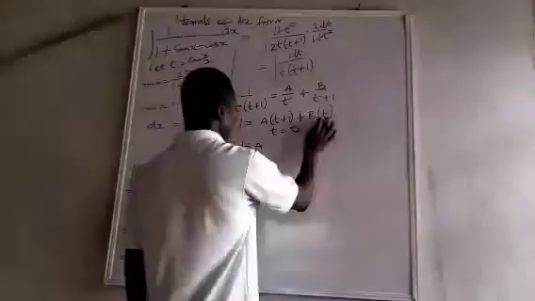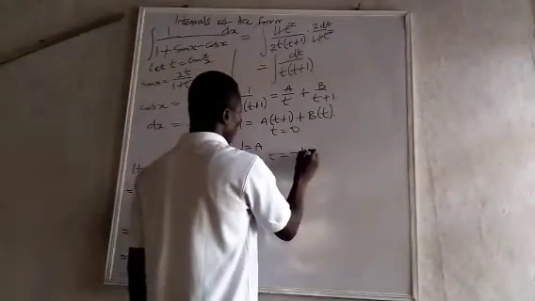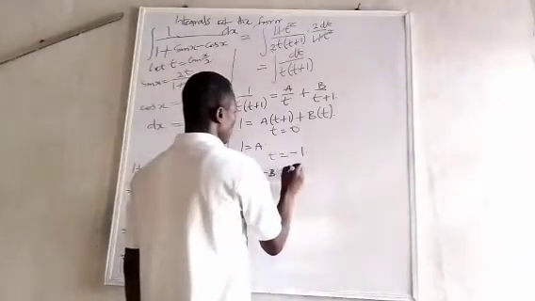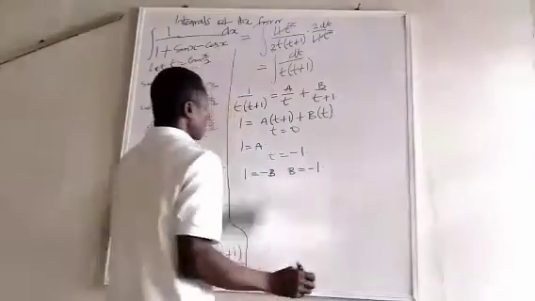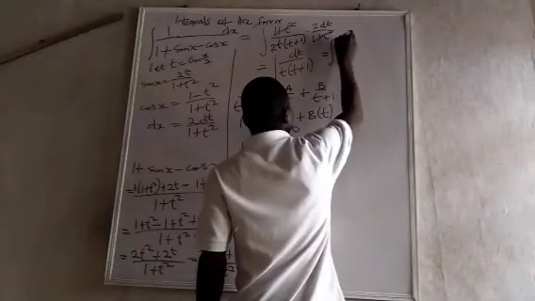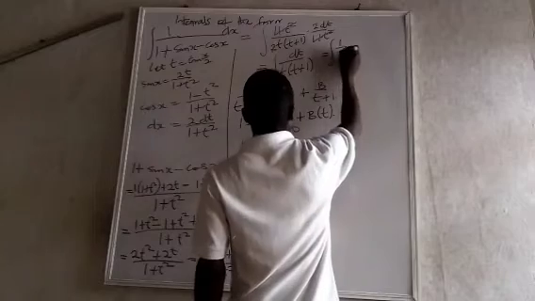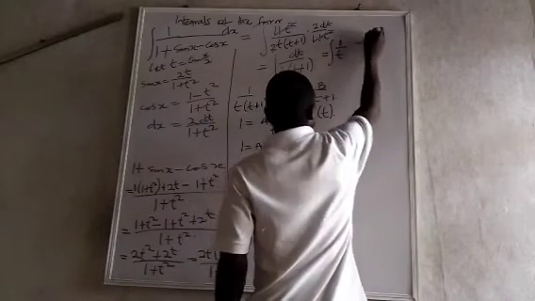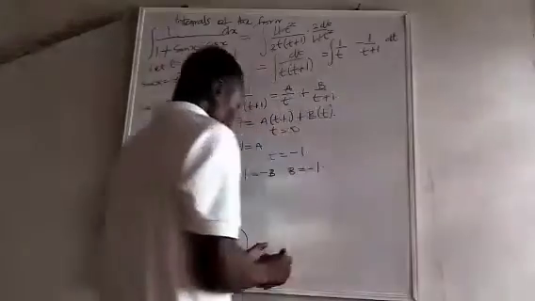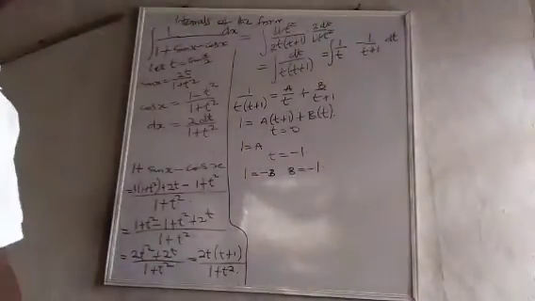Let t be equal to minus 1. So we have 1 will be equal to minus b. So b equals minus 1. So this expression now will be equal to 1 over t minus 1 over t plus 1 dt. So you see, very easy to handle now.